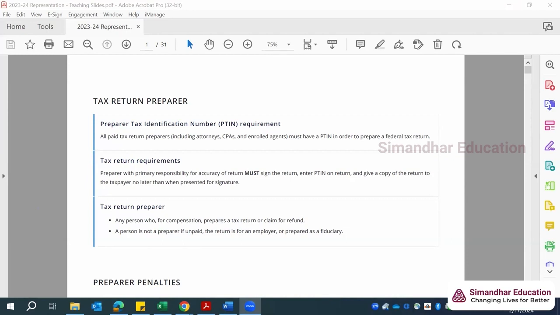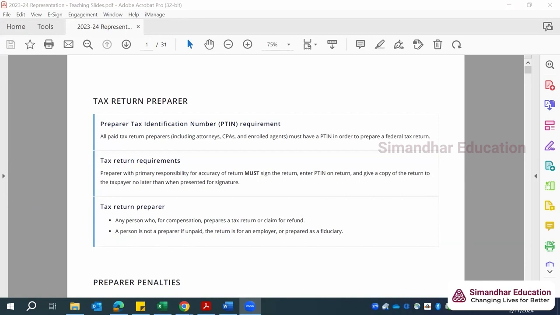Someone who is just typing, or just reproducing the data, or just assisting you mechanically, they are not doing any substantial preparation of the tax return. That person cannot be treated as a return preparer. So when you hire interns and give them random work, like get a print of this, or just copy paste this information, you cannot term them as tax return preparers.